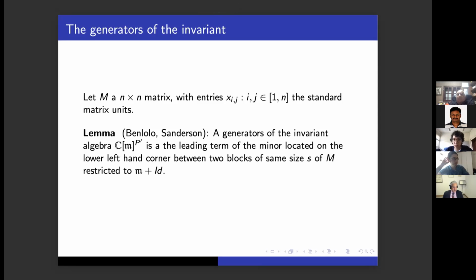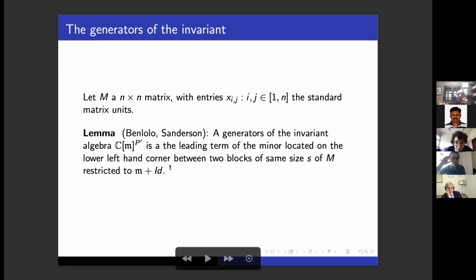So I took a square matrix n by n, and I took all the entries x_ij, which are standard matrix units. So Joseph, Fauquant-Millet and Sanderson said that the generators of the invariants of regular functions on M by the action of P prime are the leading terms of a minor located between two blocks of the same size in the lower left corner of the matrix M. And they took that minor and they restricted it to M plus identity.